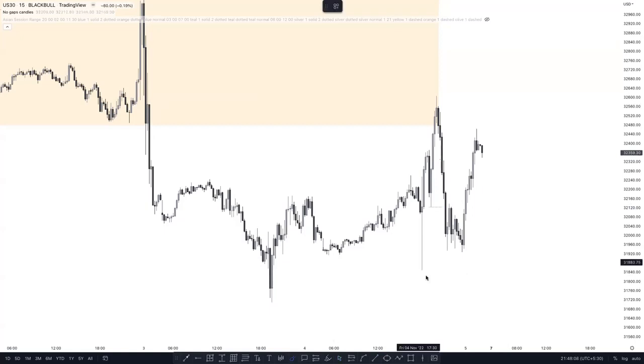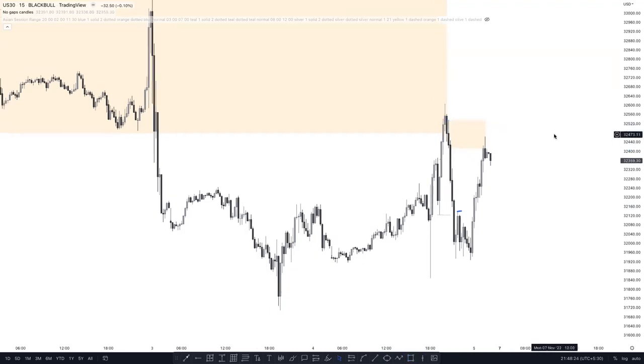After this change of character is here, inducement, because this low was broken by this low, right? And mitigated something here on the extreme, which one is here, right? Price already tapped here. So definitely we are looking here for sell in the M1 chart in US 30.